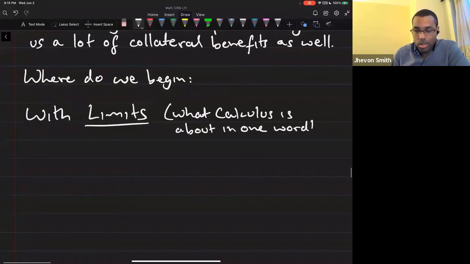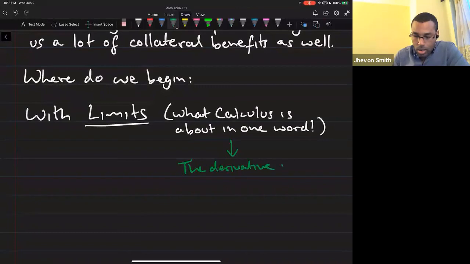In one word, because it turns out the derivative and the integral are special kinds of limits.